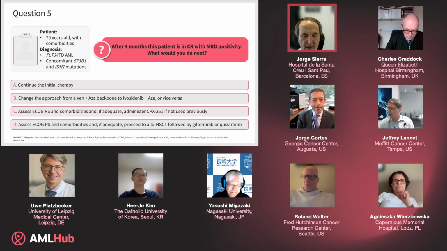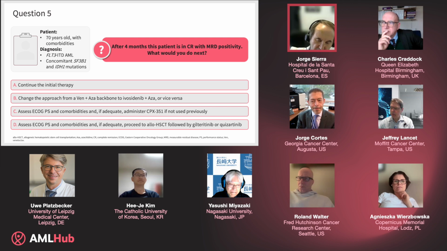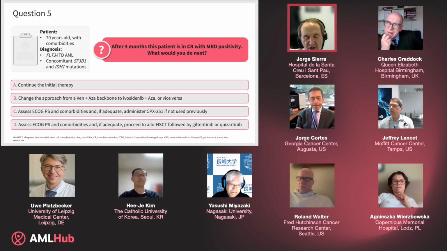In practice, probably I would not recommend midostaurin in patients above 60 years, and I would be prone to use quizartinib in patients above this age, because you have more data. But basically, it would be a decision based on the potential toxicities.